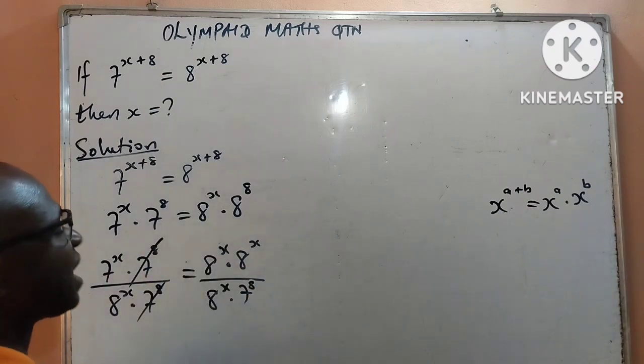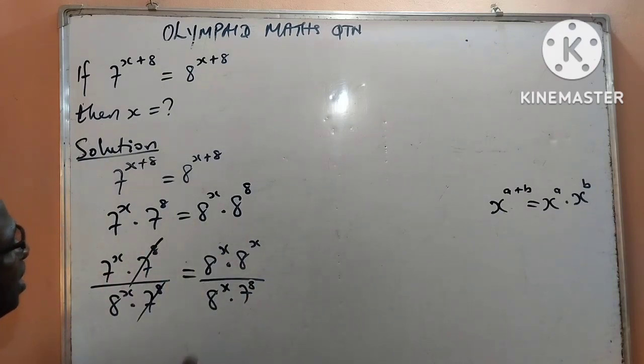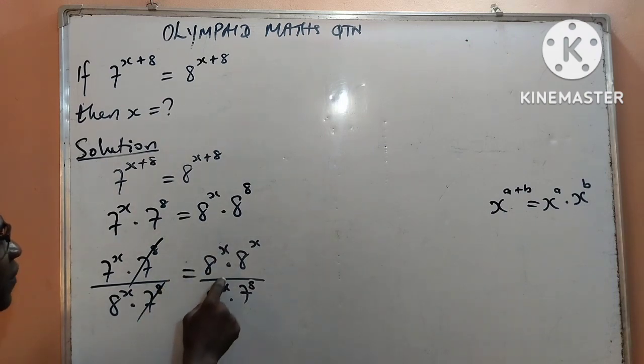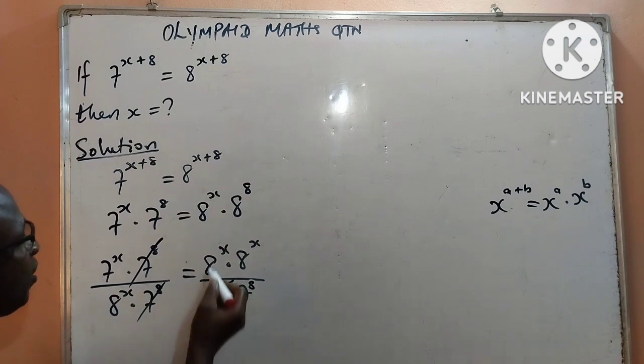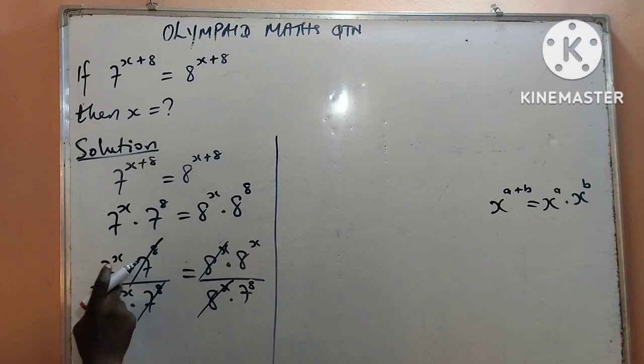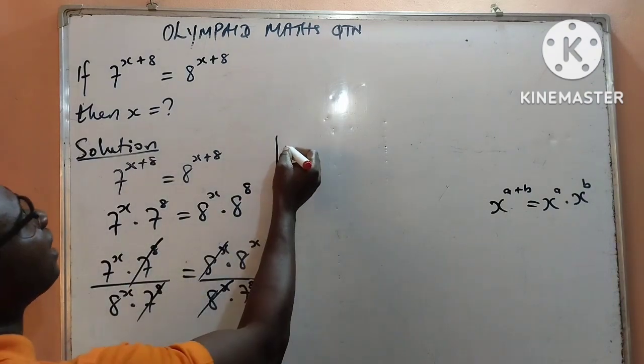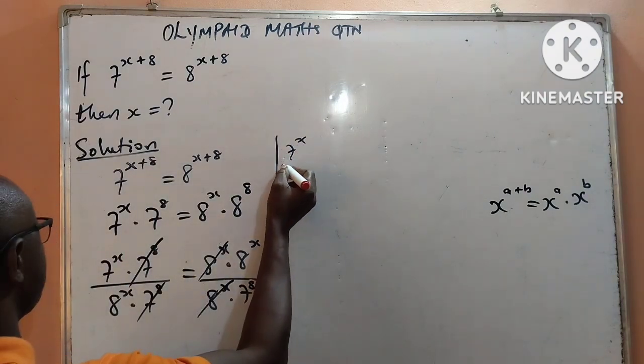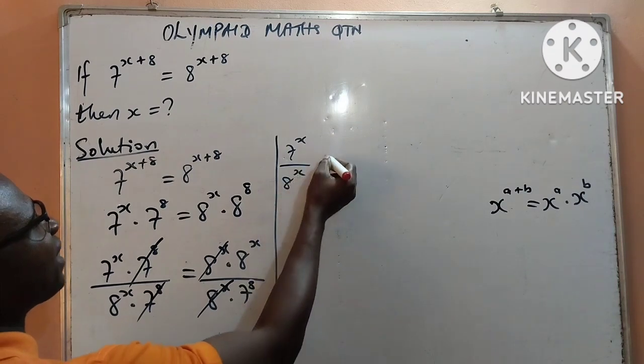On the right-hand side, I have 8 to the power of x at the numerator and 8 to the power of x at the denominator. Two of them also will cancel out, leaving me with, on the left-hand side, 7 to the power of x all over 8 to the power of x.